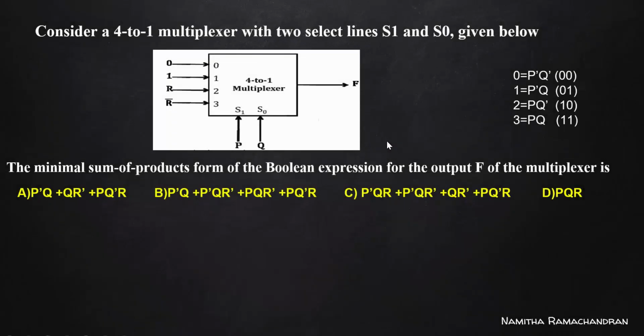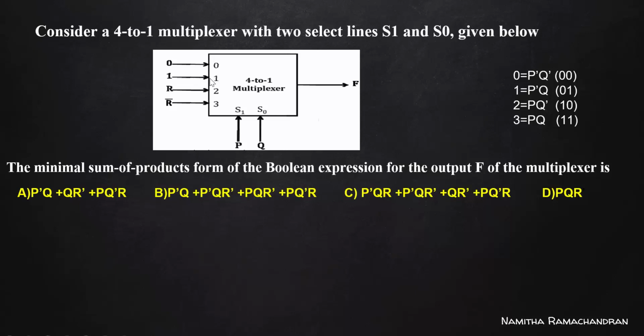So consider some GATE questions. Consider a 4 to 1 multiplexer with 2 select lines S1 and S0 given like this. The selection lines are assigned with variables or inputs P and Q, and here 4 inputs are there, 0, 1, 2, 3. The 0th input line is assigned with an input value 0.